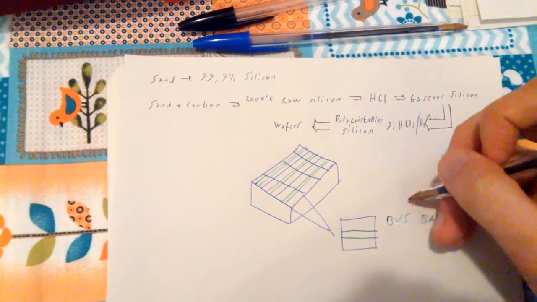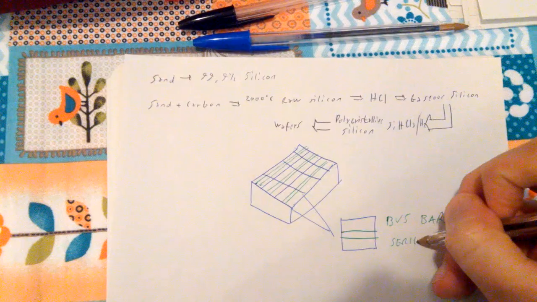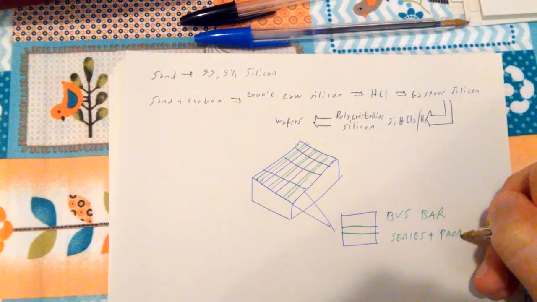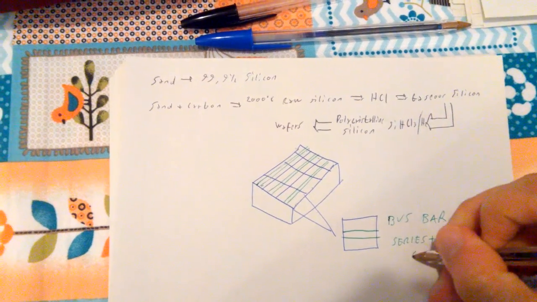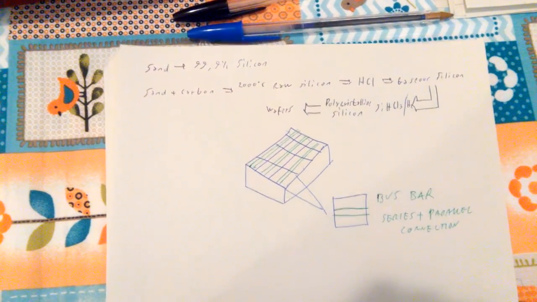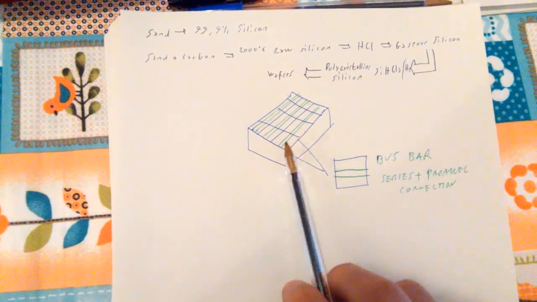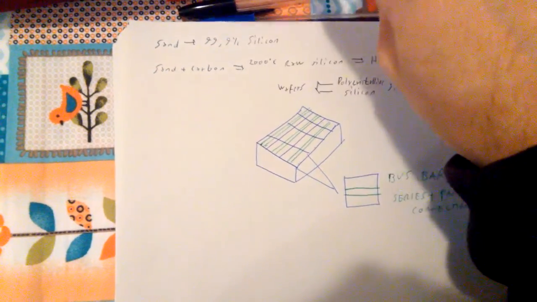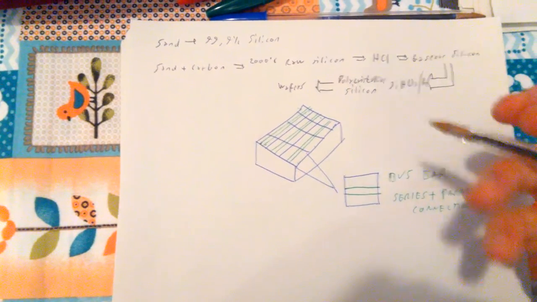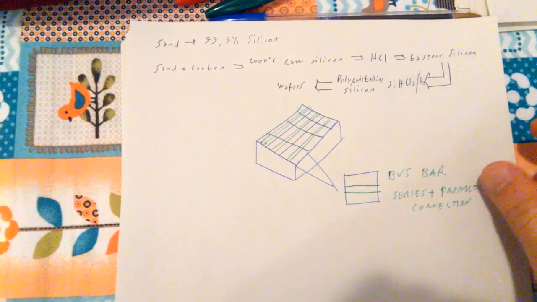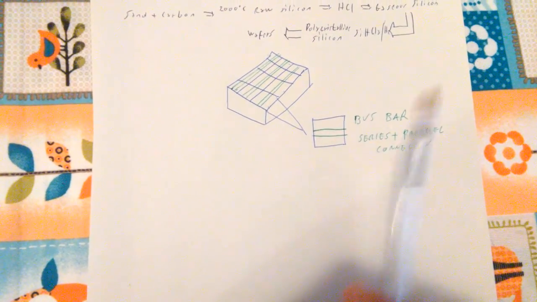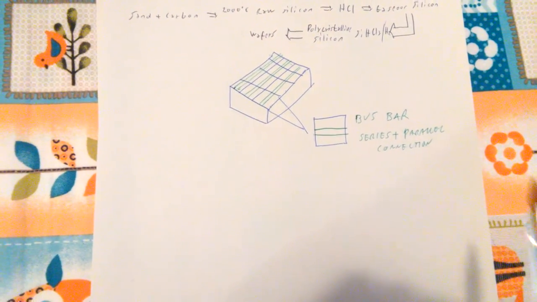So we have a series plus parallel connection through the bus bar, because a single cell will produce something like 0.5 volts, very modest. So we have a combination of series and parallel connection to the bus bar.